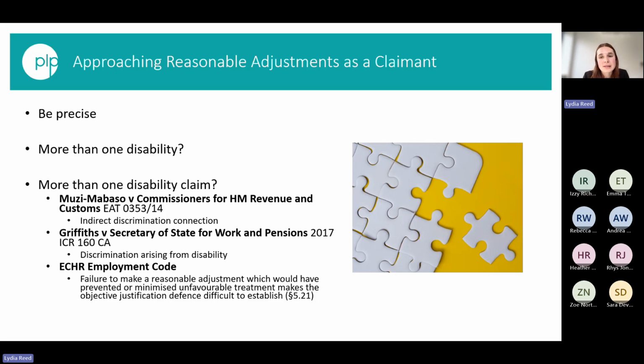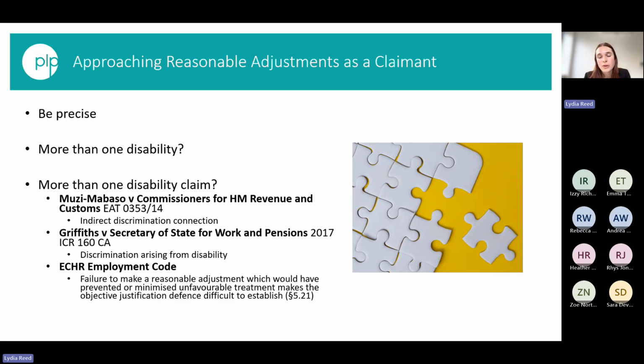On the reasonable adjustments claim, Her Honour Judge Eady looked at the findings on disadvantage. The first instance tribunal accepted that the PCP for the indirect discrimination claim did put the claimant at a particular disadvantage.